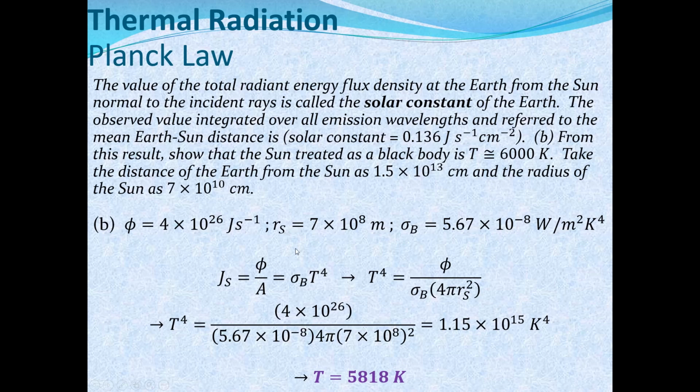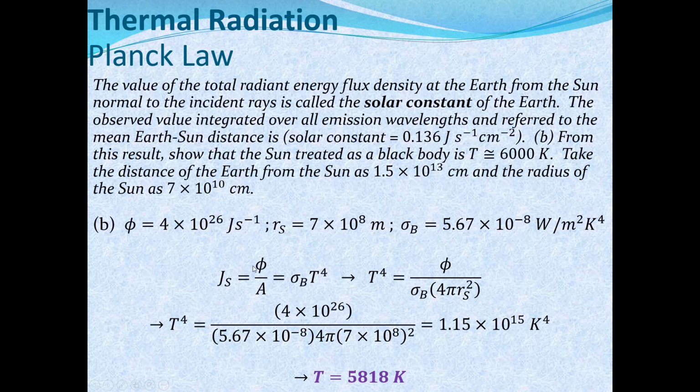I was just going to say really quick that this type of equation is what we're going to be doing a lot. This typically gets used when we're talking about being at the surface of something, and then this would be for a location some distance away from a star. But the whole thing is that this energy flux right here is what's going to be the linchpin between finding out information from the surface to a location.